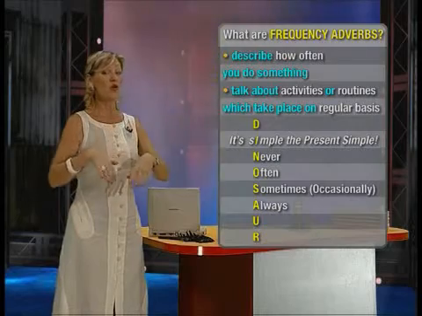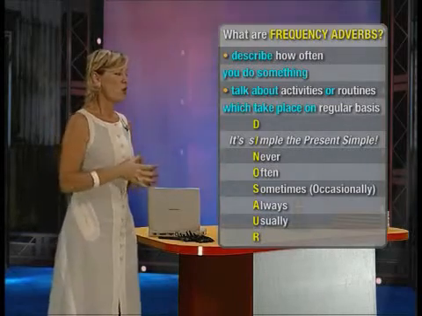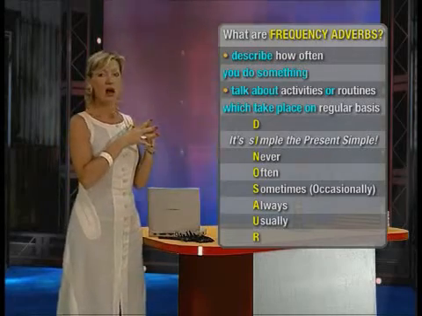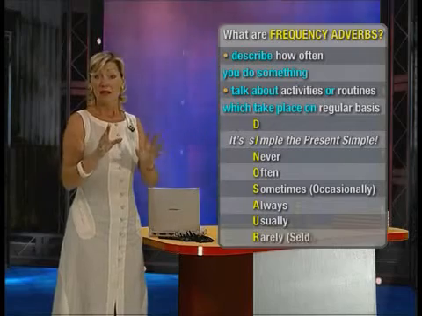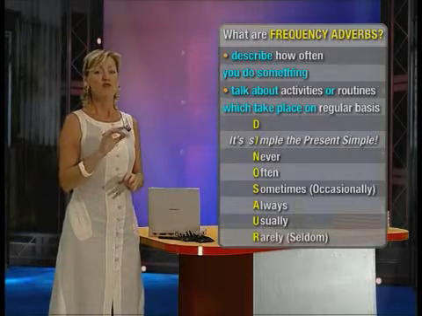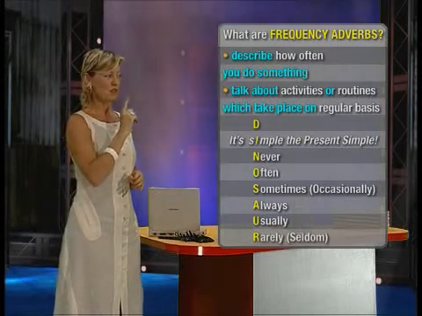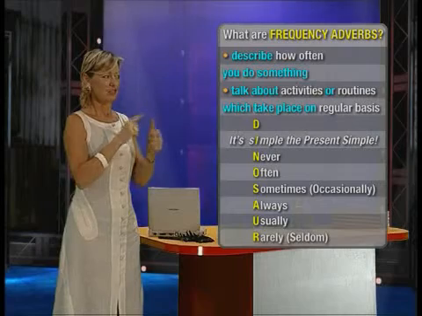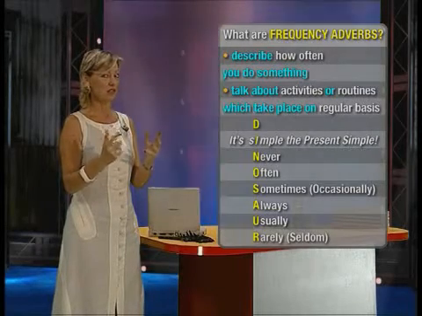Now, U is for usually. Usually, it's a habit. What about R? R stands for rarely. That's difficult to pronounce. Rarely. And the last one, look at the top. We've got D. Monday, Tuesday, Wednesday, Thursday, Friday, Saturday, Sunday is a bit strange, this.